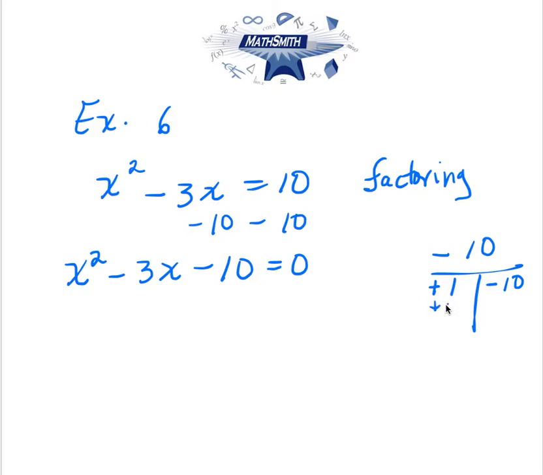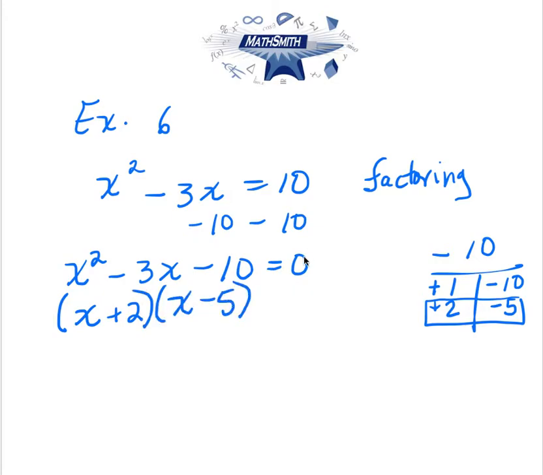Then you go to +2 and -5. There's your -10 when you multiply, and your -3 when you combine those. So that's x plus 2 times x minus 5. You're replacing the quadratic trinomial with the two binomial factors because those are equivalent.